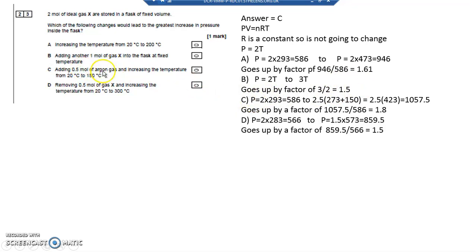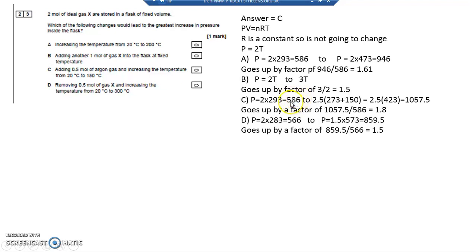C, adding half a mole of argon gas. So the number of moles in the first instance is 2, and then it's gone up to 2.5 because I've added half a mole of gas. When I've made the change, increasing the temperature from 20 degrees C, which is 293, so 2 times 293 is 586, up to 150, so 273 add 150 is 423, multiplied by 2.5 because I've got 2 moles of gas and another half, it's gone up to 1057.5.